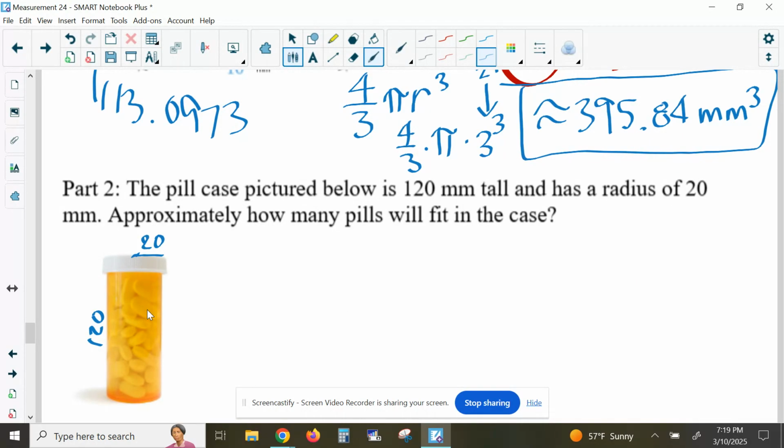Okay, so let's find the volume of this. This shape is a cylinder. So remember, you find the area of the bottom, which is pi r squared, and you times that by the height of the cylinder. So this is pi times 20 squared times 120. Put that in your calculator, see if you get the same thing as me.